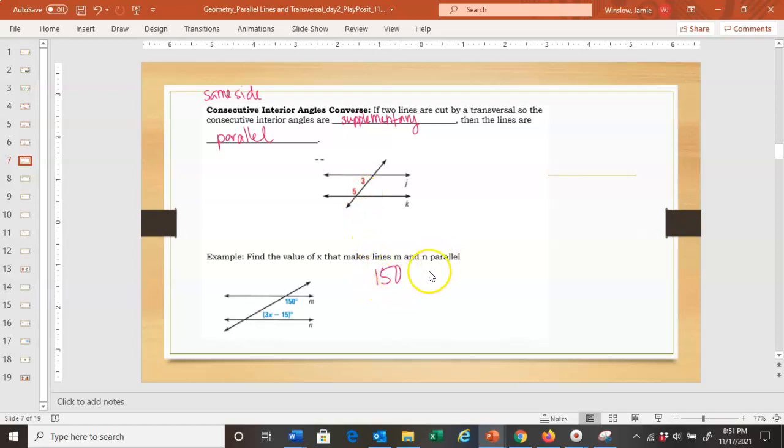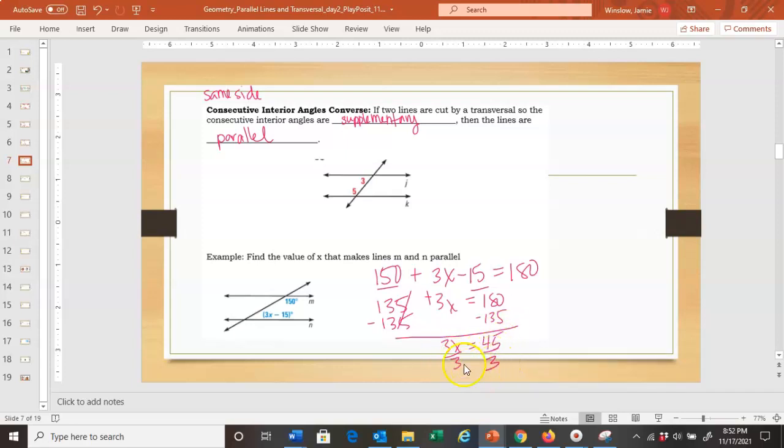So we'll do this supplementary. They add up to 180. Combine like terms. 150 minus 15, that's 135. We'll subtract 135. That's 45, right? Yeah.